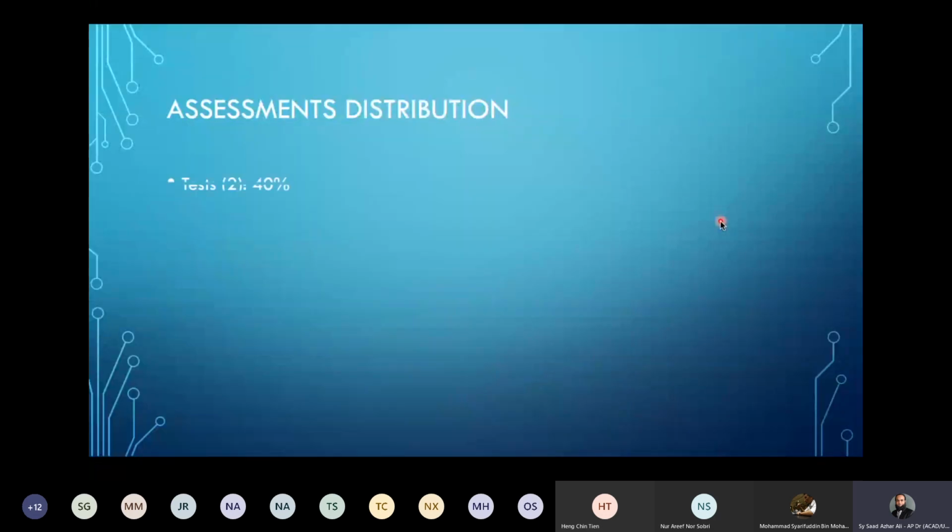Okay. Assessment distribution. We'll be having two tests, 20% each. Tutorials, assignments, and quizzes. Actually, I should have put tutorials, assignments, quizzes first and then tests. The reason is I normally keep tutorials as the basis for the assignments. Actually, they're the same.